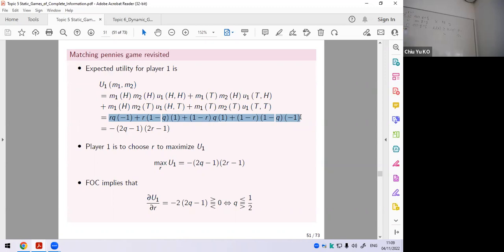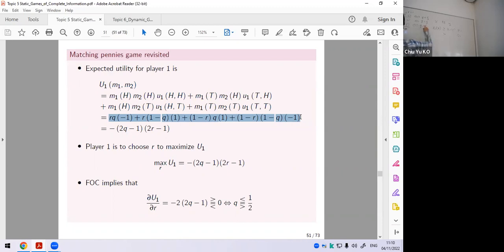So that's why when you try to draw this, R is on one axis and Q on the other, from 0 to 1, from 0 to 1. Let me use the blue color. If this is 1/2, there's no R term here, so anything is fine.